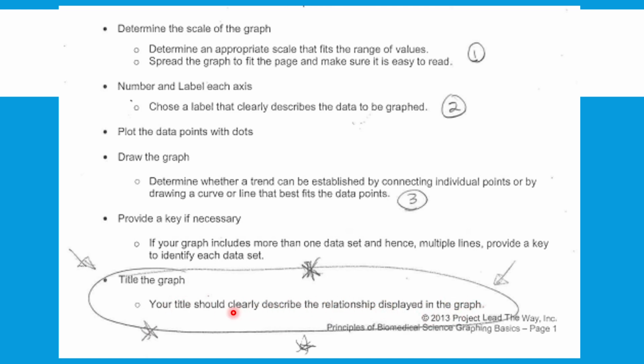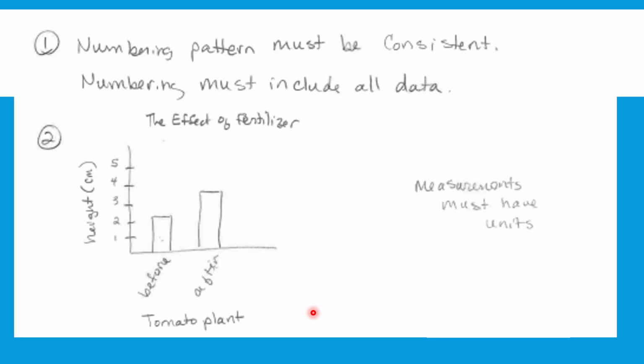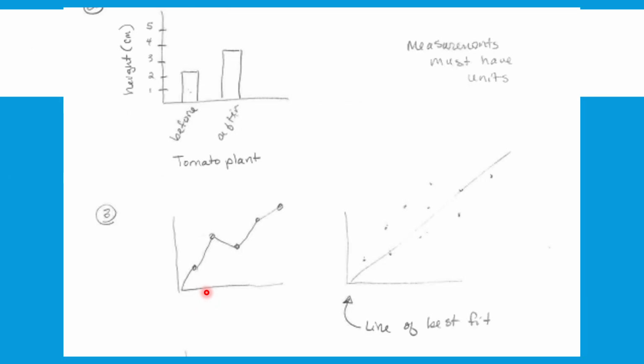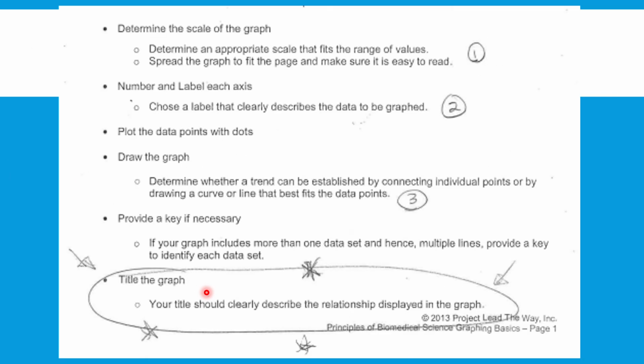It's kind of like a title of a book, but it doesn't have to be super complicated. It could just be like the graph that we had right here, the effect of fertilizer. Or it could be height versus time, or mass over time, or something like that. Just talk about what the different variables are on each axis of the graph.